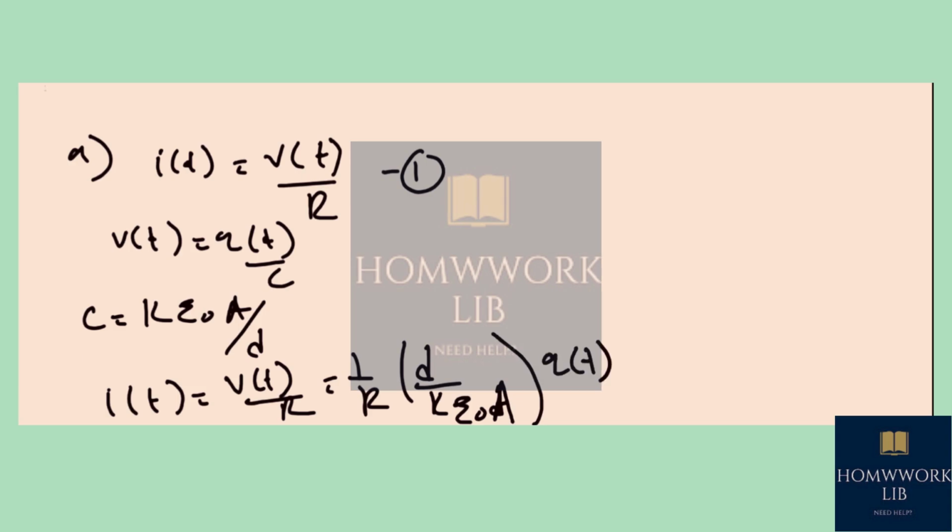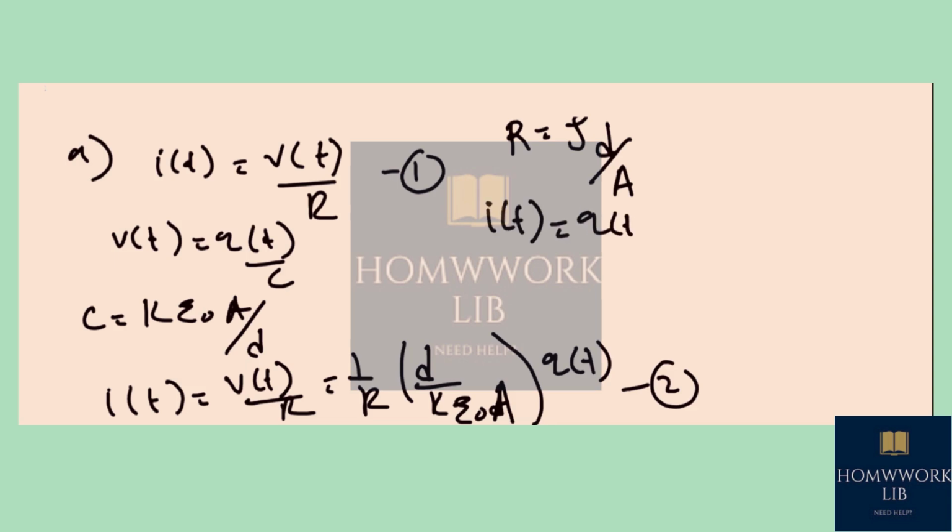The resistance of a dielectric is given by Ohm's law, that is R is equal to resistivity ρ times d divided by area. From here we substitute, let's call this equation number 2. Substitute this into equation number 2 to simplify.